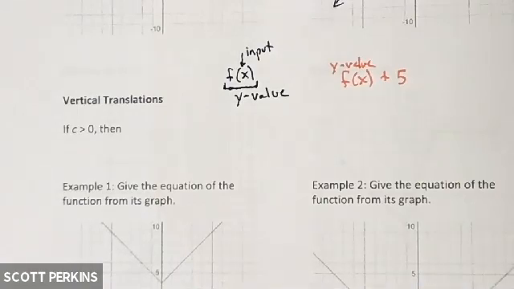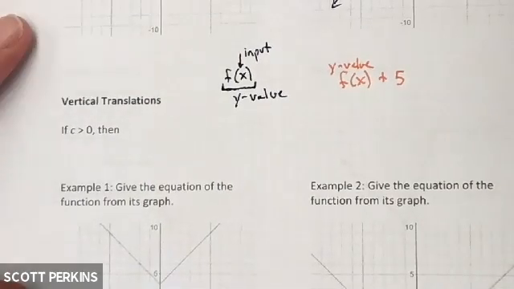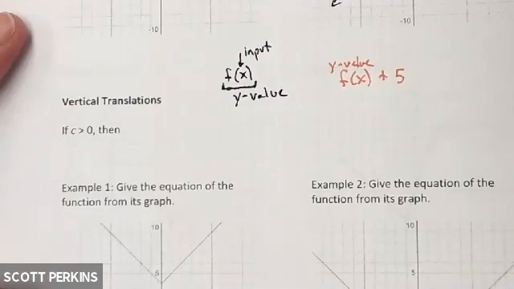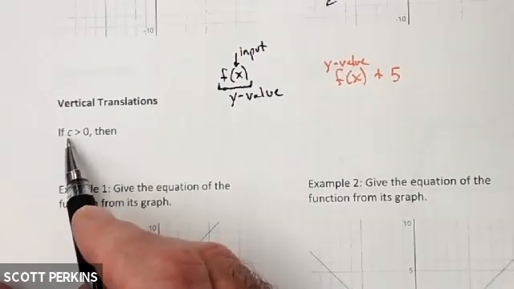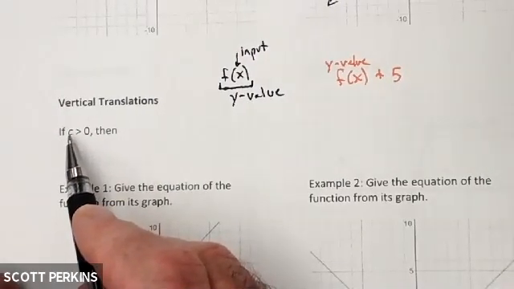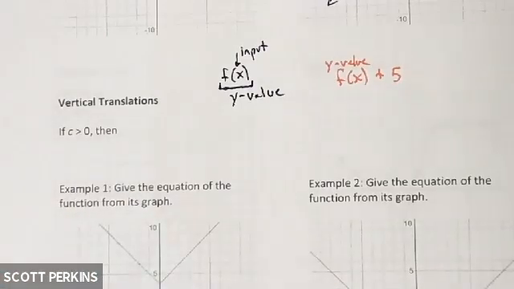Now I'm going to show you, if you were to read the book, if you go into My Math Lab and click on the ebook and you look at this, this is how you will recognize vertical translations. So if I have a value of c, a constant, okay, c just represents a constant. If I have a value of c greater than 0, then this is what you'll see.